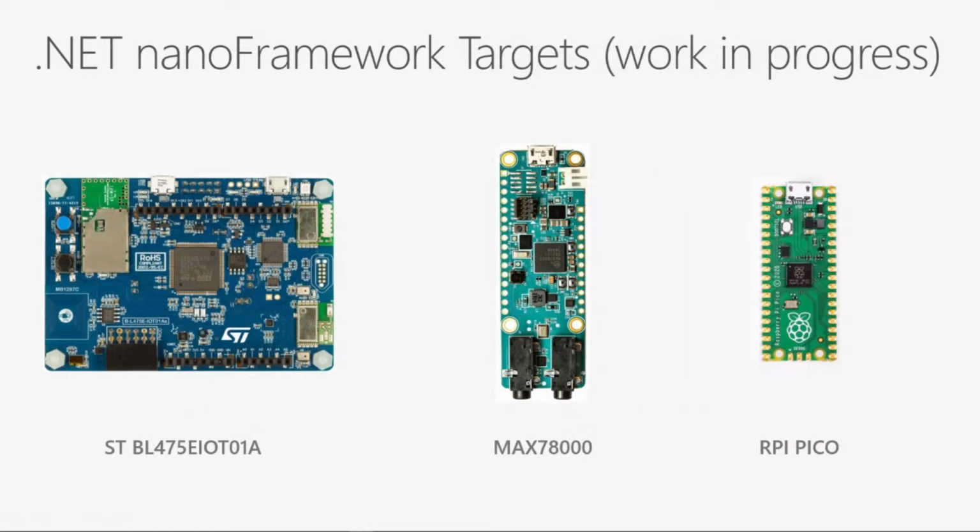And finally, we have the Raspberry Pi Pico, on which we have already some work done. We are coordinating this with the Azure RTOS team, so that they can have a port running for the Pico. As soon as we have that, we'll be able to run the .NET nanoFramework on it.